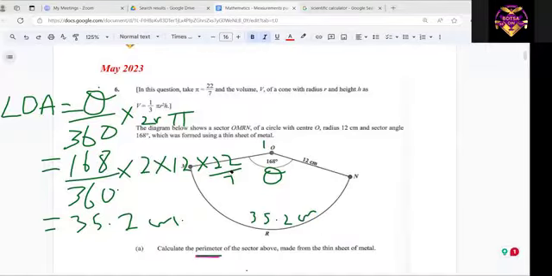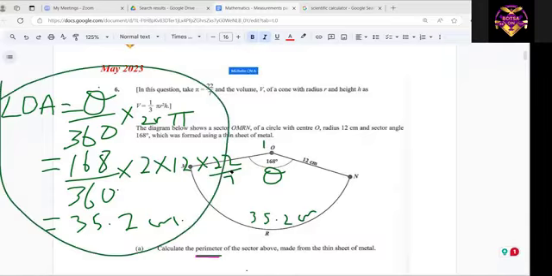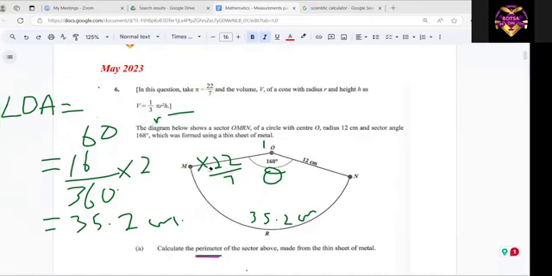Is there anybody writing down this? Because I'm going to clear it in 10 seconds. If nobody is writing. Okay, so I am going to clear this.